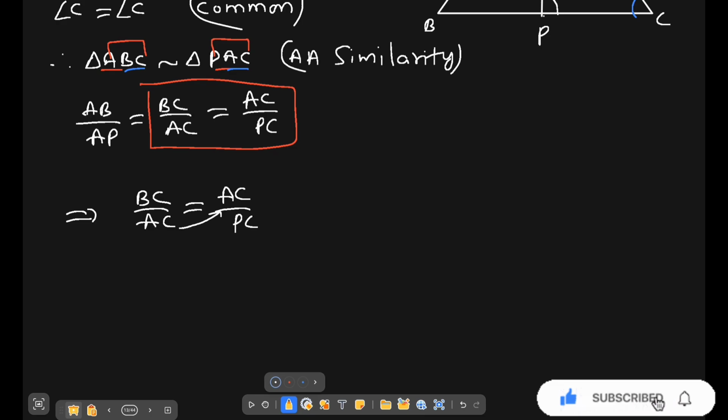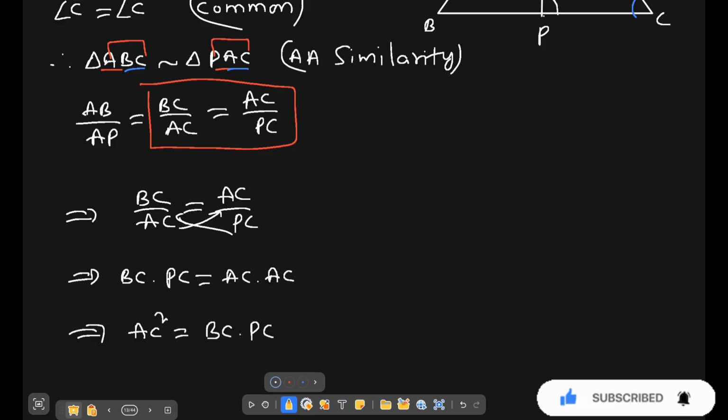Send AC to the right side, bring PC to the left side. Now it becomes BC into PC is equal to AC into AC. AC into AC can be written as AC square, equal to BC into PC. So this is the answer.